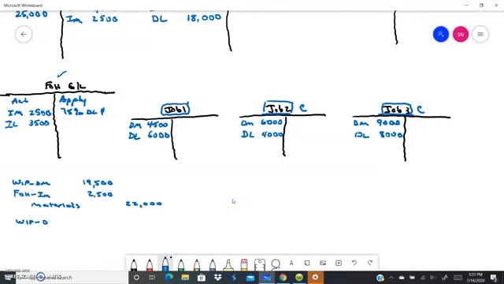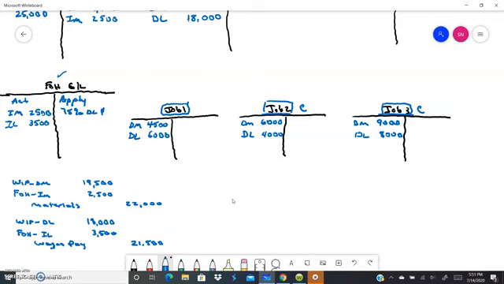And again, that's for direct labor. And that's for $18,000. Factory overhead. And that's for the indirect labor, $3,500. And our credit, in this case, we're going to say it's wages payable. For $21,500.